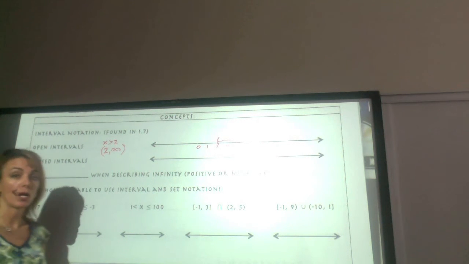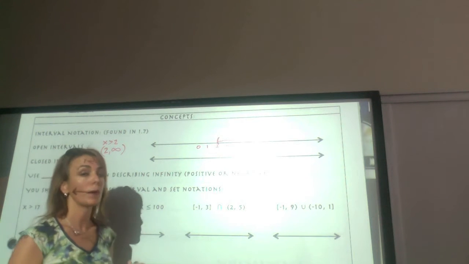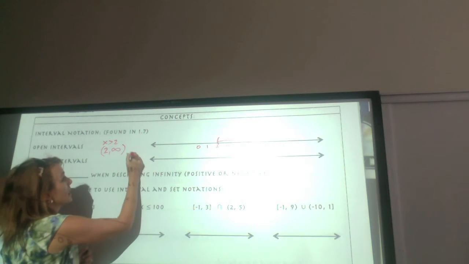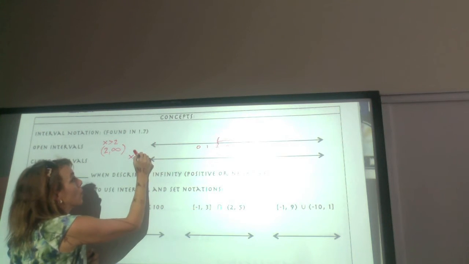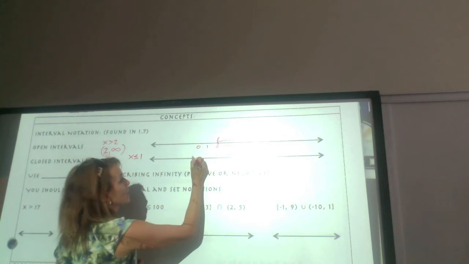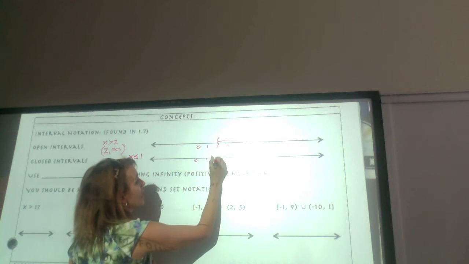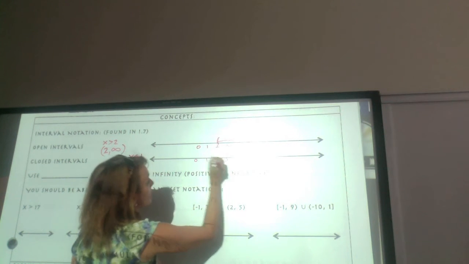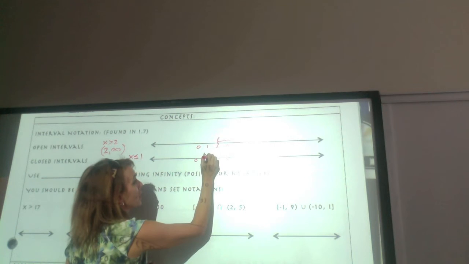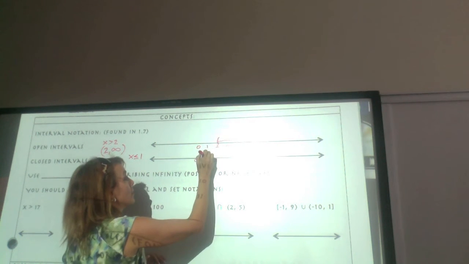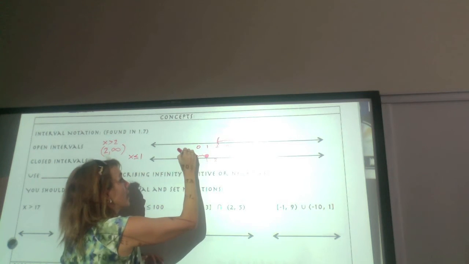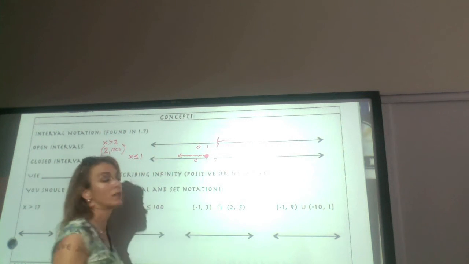So when we talk about a closed interval, that would be when we express something like x is less than or equal to 1. So let's go ahead and show how we used to do that on the number line. Remember, we would put a closed circle, hence closed interval, and we would shade everything to the left of that circle on the number line.